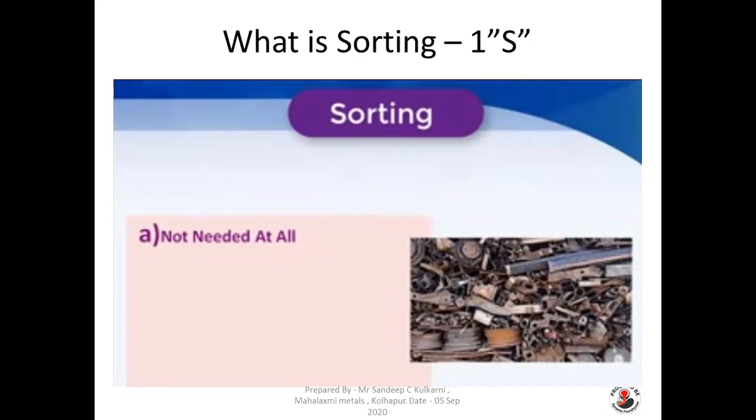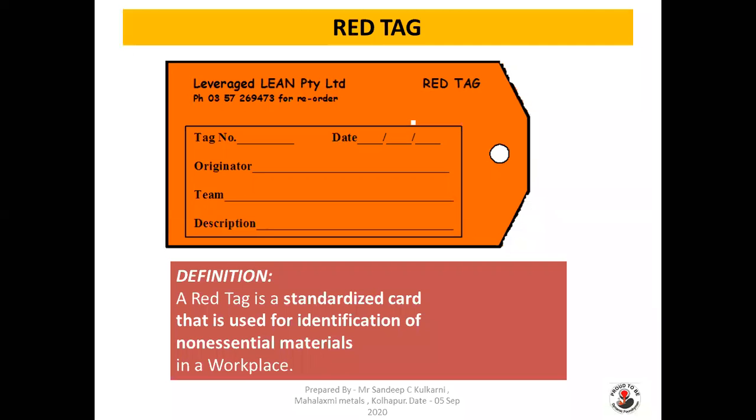The material which is not required at all has to be removed, and then it has to be taken to your red tag area or red zone area. Red zone area is the area which is separately prepared to keep this non-required material, and all the non-required material from various processes, various departments, various sections is identified and collected at one specific area, which is called the red zone area.